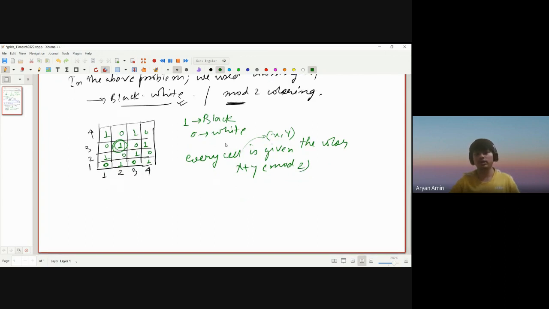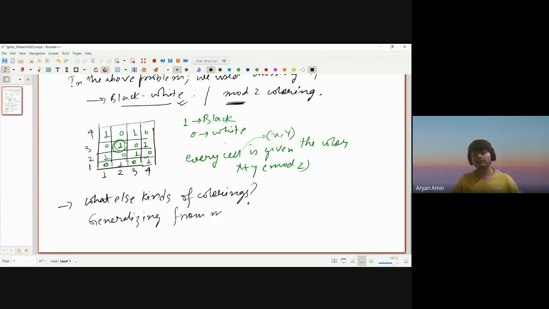What other kinds of colorings can we use? Just generalizing from mod 2, we'll see mod n colorings.